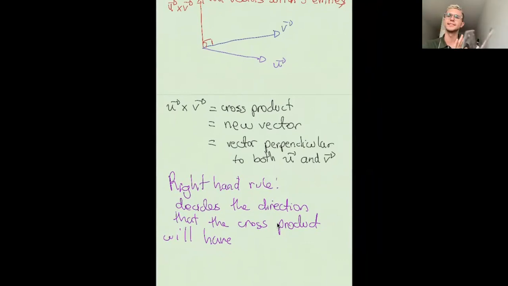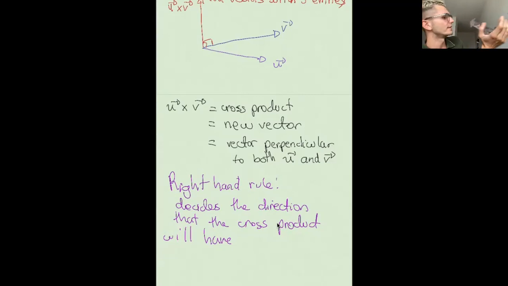Again, in practice, you're not really going to be using the right-hand rule to find the cross product, because there will be a formula in terms of the entries, which will give you the answer. But this is for you to know how it is done in other places, like in physics classes and things like that.